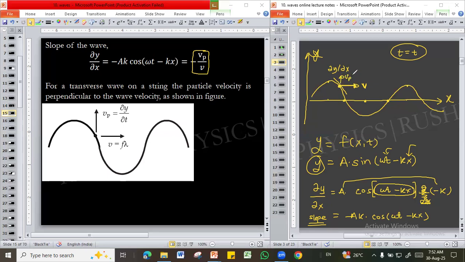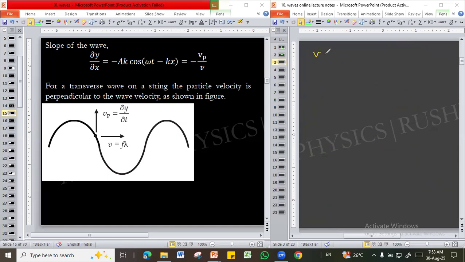If you take negative ratio of particle velocity and wave velocity, you will get the slope at that location. Let us try to prove this.